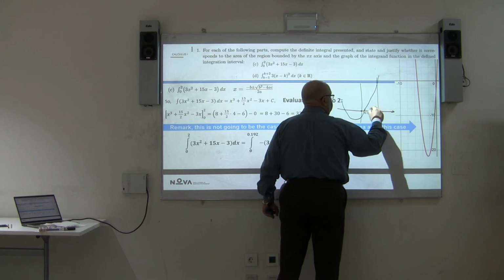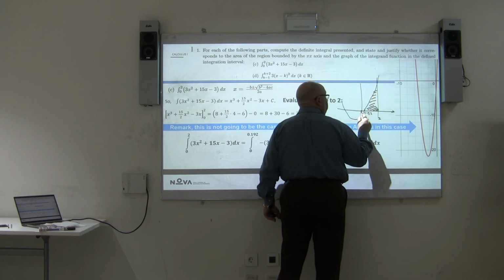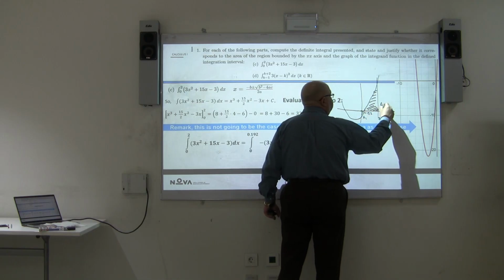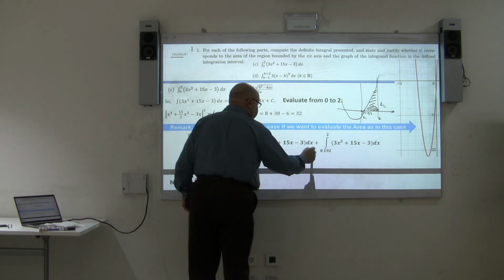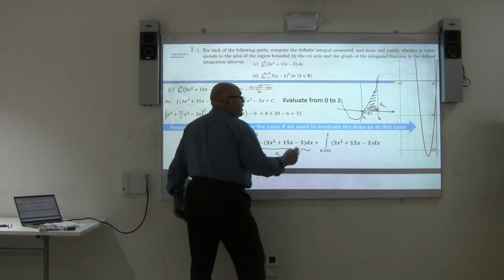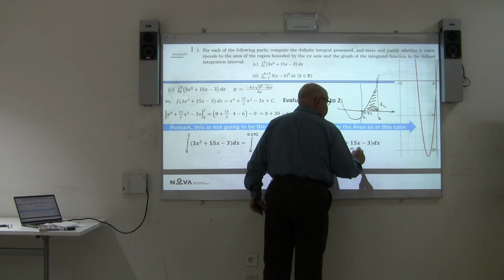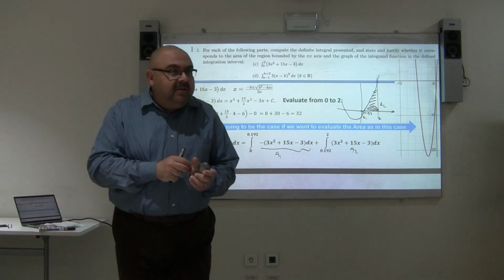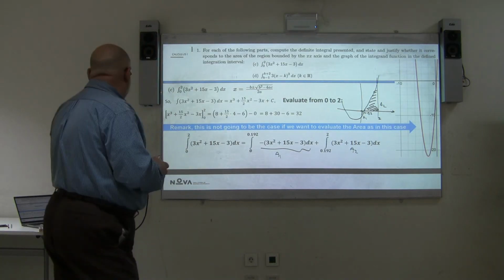So this part of the area of integration will be added to that part. This is A1 and that's A2. The A1 part is this part. The A2 part is the other part. This is why it's going to be different. You understand what I'm saying now? Okay, this is really very good.